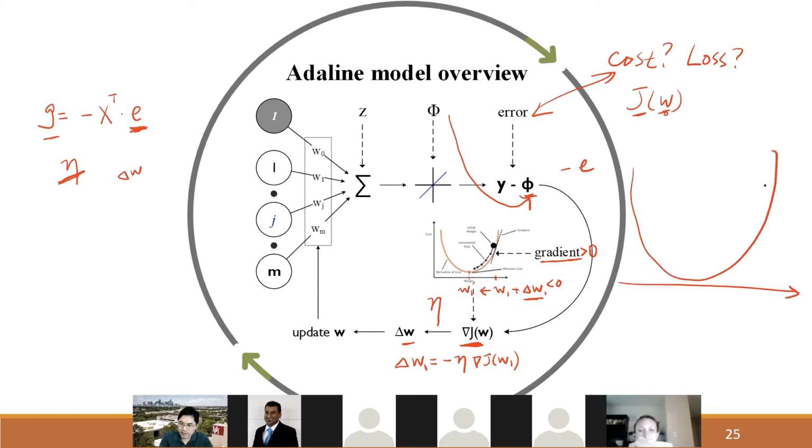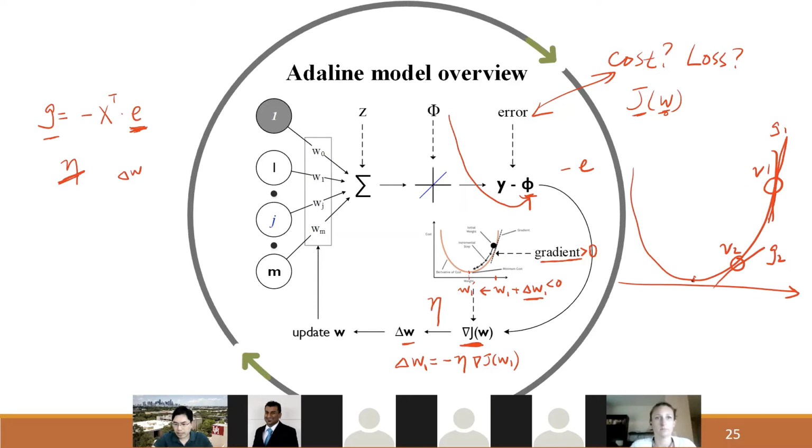Let's say we compare two random draws, version 1 and version 2. Because of their different location in the cost curve, their gradient is different. Gradient 1 and gradient 2.